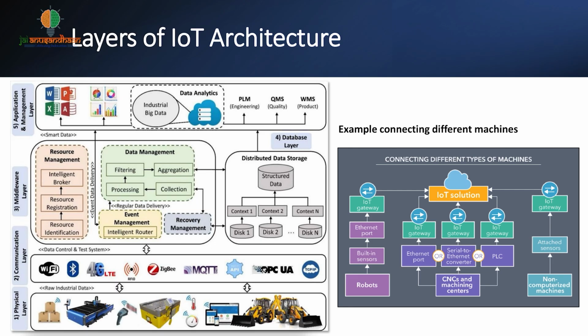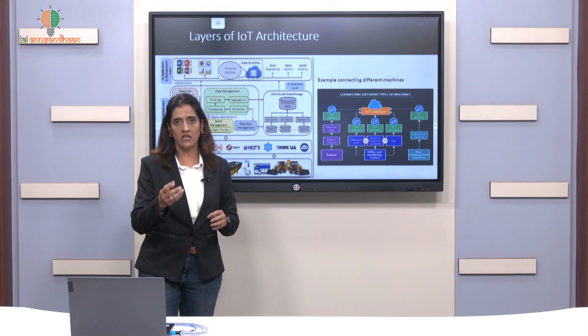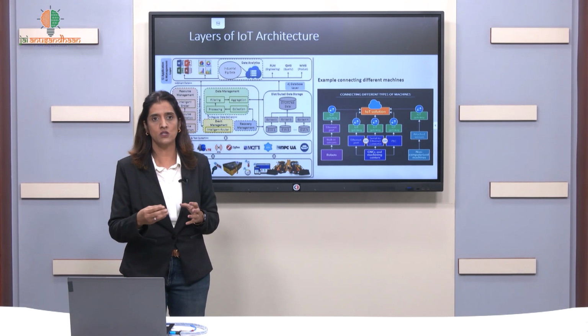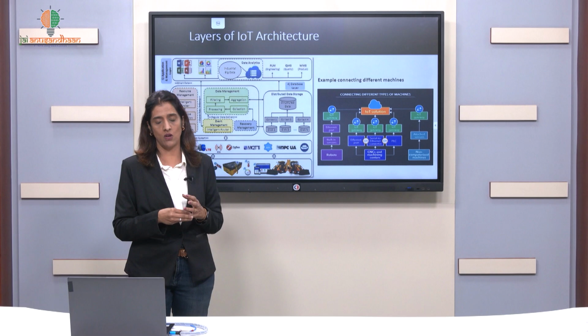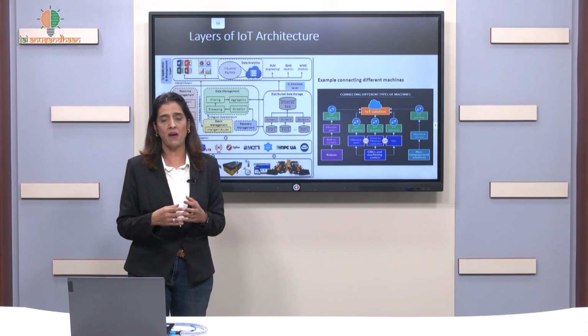The lowest layer is the hardware layer, which has the things around us. For example, machines from the plant, any energy resources, earth moving equipment, any robotics machine or packaging machines, any kind of machine, all of these come in the hardware layer. Now we connect sensors to those machines to get their health or their parameters.